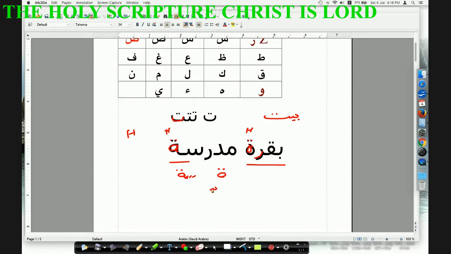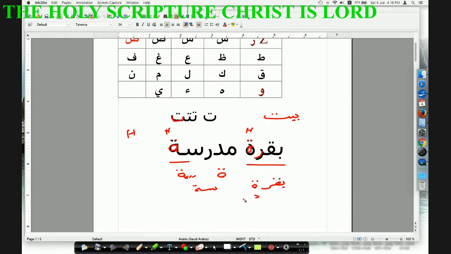So sa, madrasa. Here the letter ra does not accept connection, so baqara. Ra does not accept connection, so we have to make it like a circle.